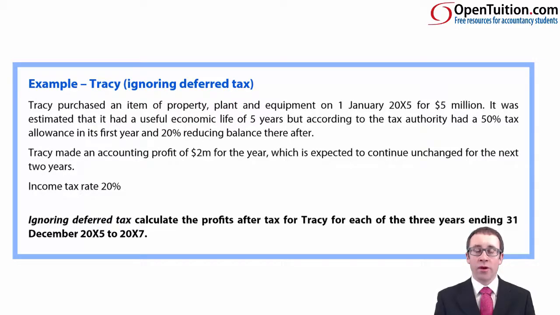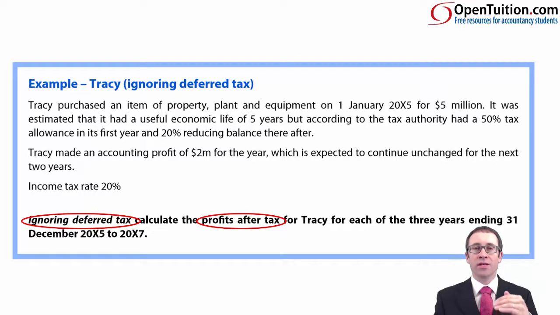The example that you've got there within the notes is called Tracy. And if we look at what it wants, it importantly says ignore deferred tax. So ignore everything to do with these permanent differences, these temporary differences, and the fact that PBT is not equal to PCTCT. Okay. So ignoring deferred tax, it wants us to calculate the profit after tax.